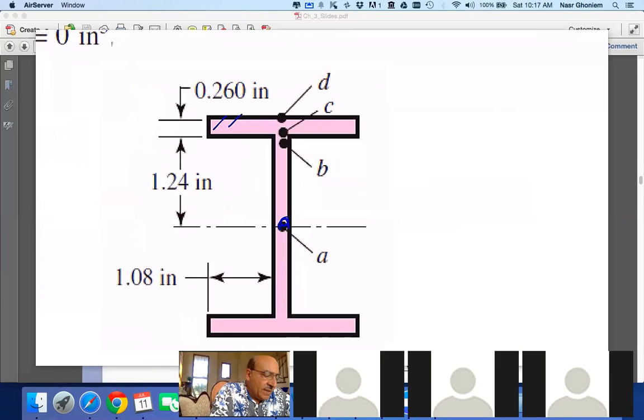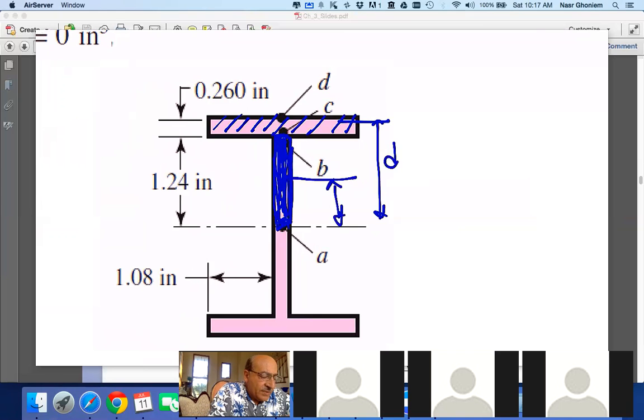So I want to have Q of this section by finding the centroid and the distance and times the area. And then I want to find also the moment of this section, which is the area of this section times its own distance. So I have a d1 here and a d2 here. And then I just add up. So that's the idea that I have here.